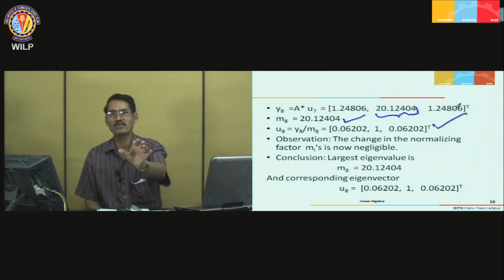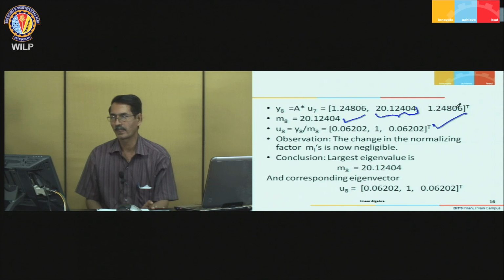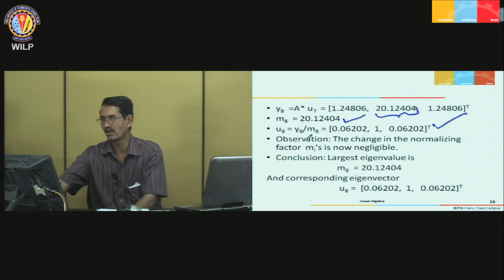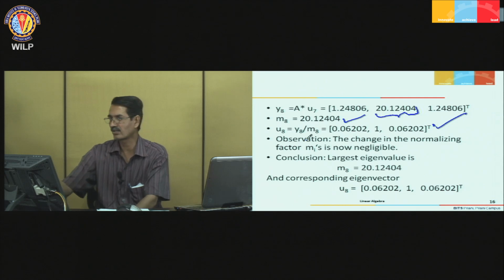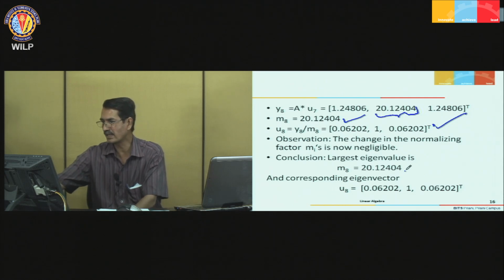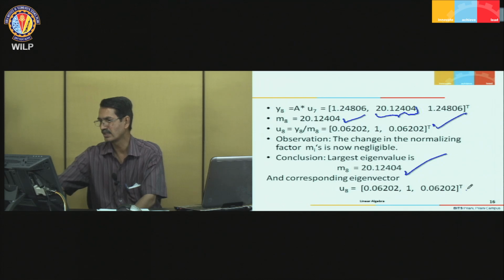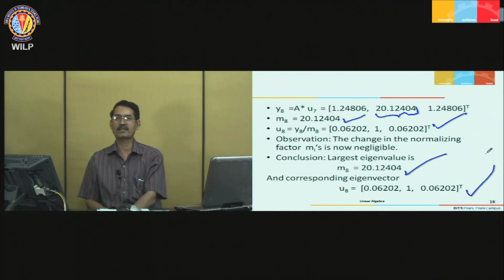That final mi will be called the dominant eigenvalue, and the final vector u will be called the dominant eigenvector. So, here 20.12404 is the dominant eigenvalue, and this u, that is 0.062021, 1, 0.06202 transpose, is your dominant eigenvector.